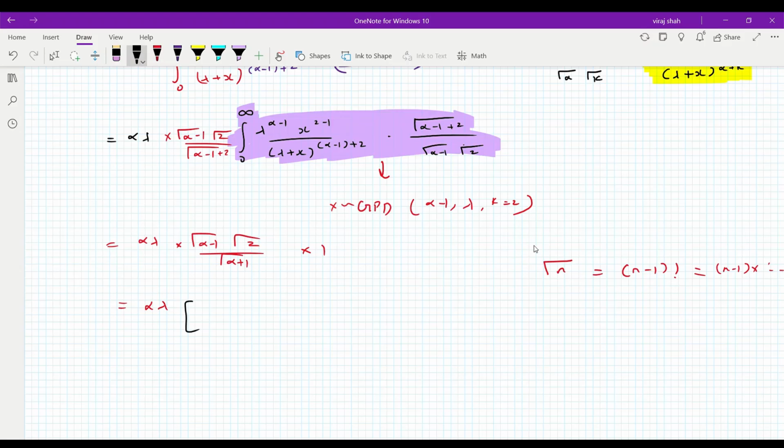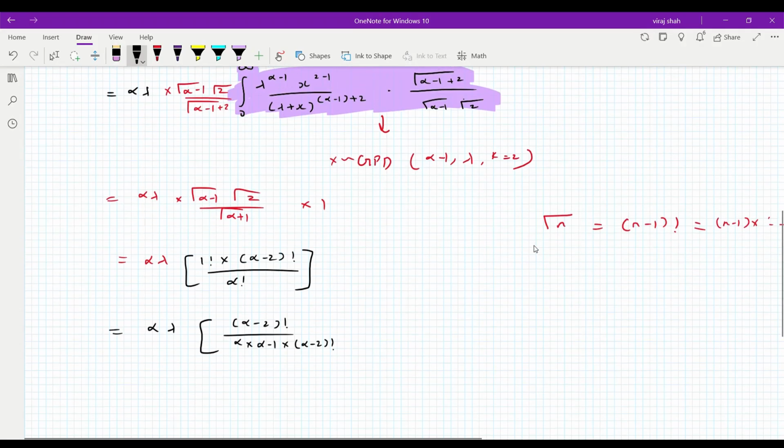This would be 1 factorial multiplied by alpha minus 1 would be alpha minus 2 factorial. This would be alpha factorial, right? Now I can simplify this: 1 factorial is 1, so I'm just forgetting it. So alpha minus 2 factorial upon alpha into alpha minus 1 into alpha minus 2 factorial.